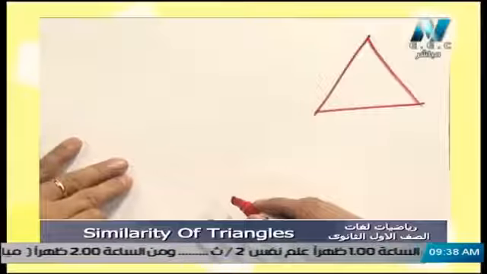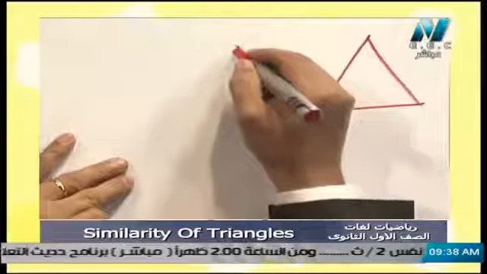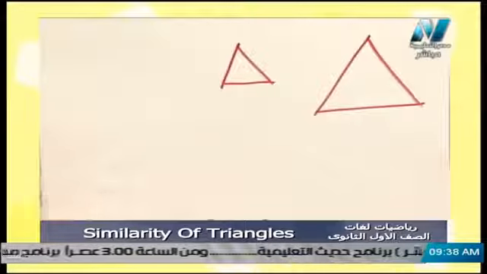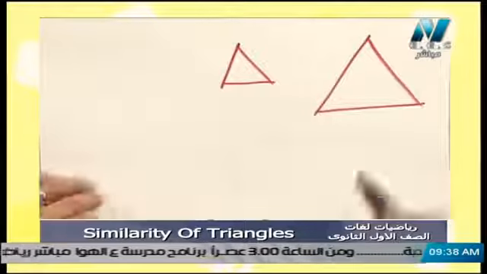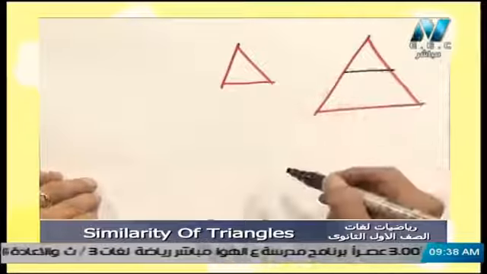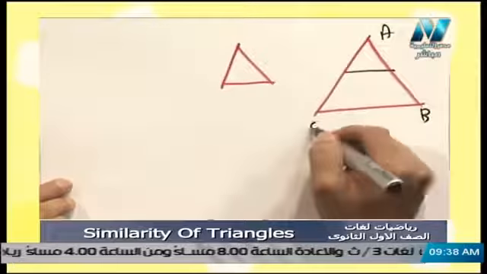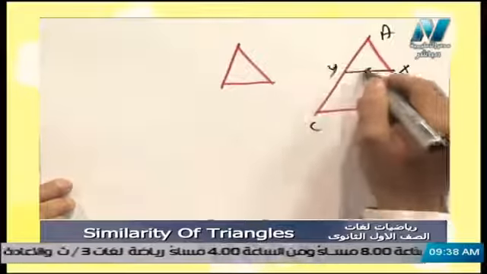Okay, we have each other again. We have two triangles with parallelism. If we have a triangle like that, we will draw a parallel line that intersects the two sides AB and AC, at X and Y, and they are parallel.